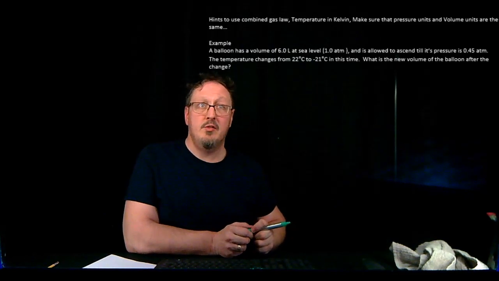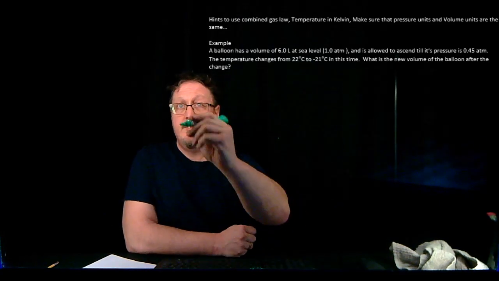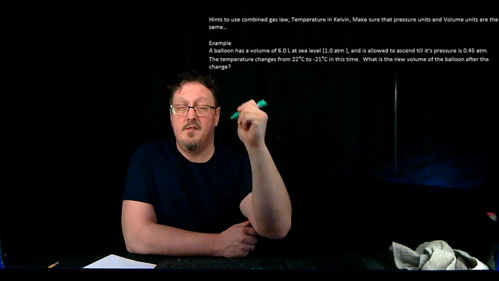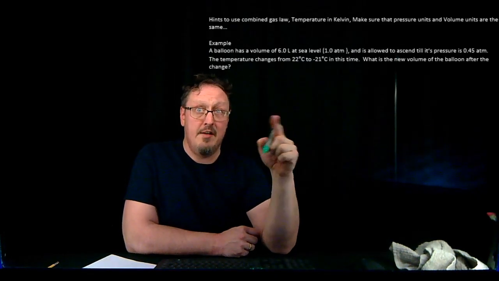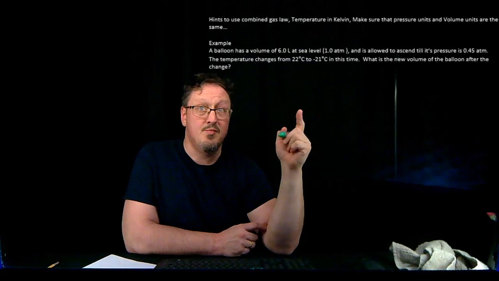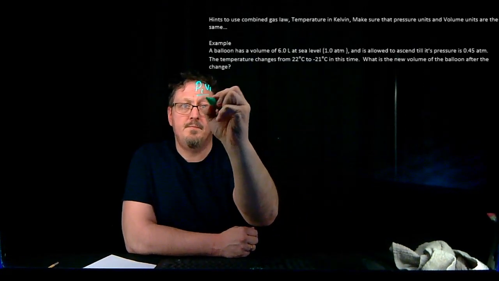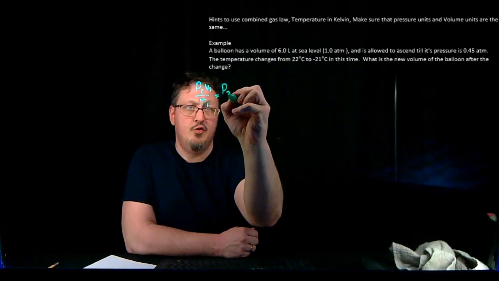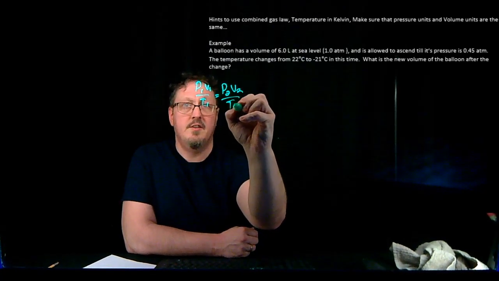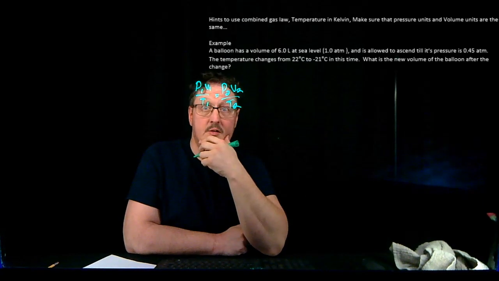What is the new volume of the balloon after the change? That sounds like there's a whole bunch of before and after pressures, temperatures, and conditions, which lends itself to P1 V1 over T1 equals P2 V2 over T2. That's probably a combined gas law problem.